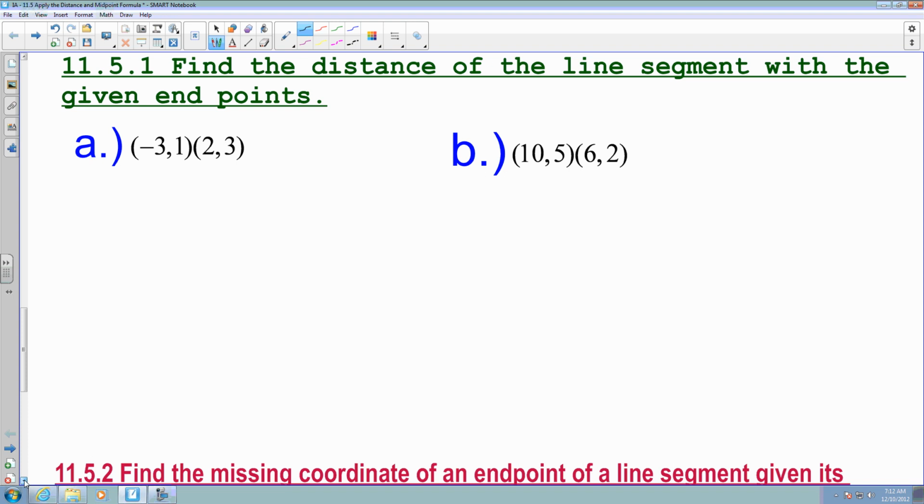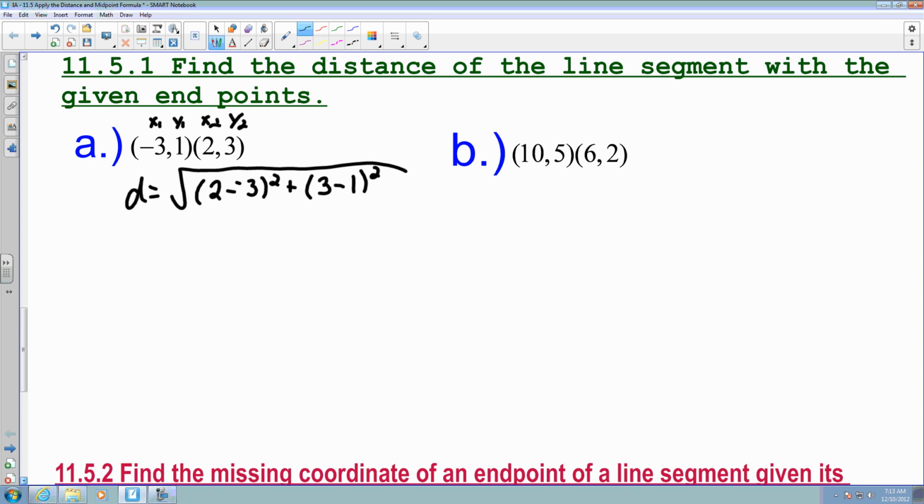So we have D equals the square root, and I'm just going to write up on top x1, y1, and x2, y2. This will help me figure out which numbers go in which spots to substitute into the formula. So my x2 is 2 minus a negative 3 quantity squared plus my y2 is 3 minus my y1, which is 1 quantity squared.